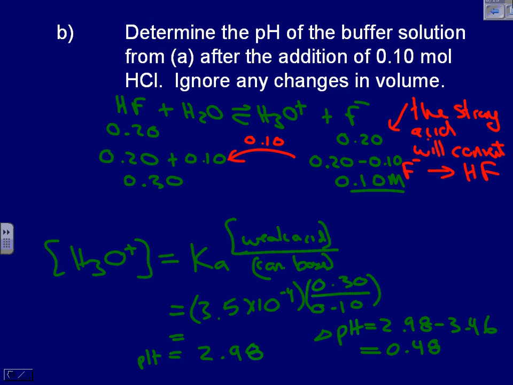If I added HCl to pure water, its pH would have gone from 7 down to 1. That's a delta pH of -6. If I added just pure HCl into water, its pH would drop by 6 units. But because of this buffer, its pH change was only 0.48.